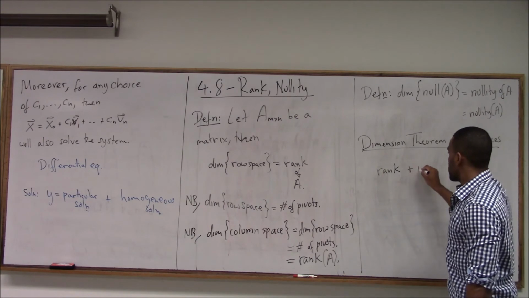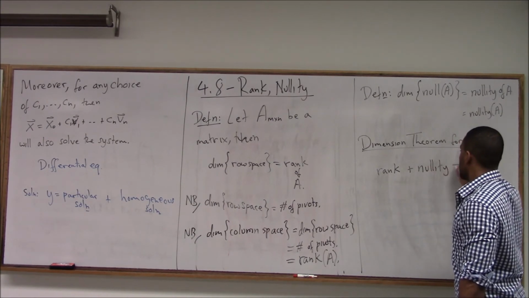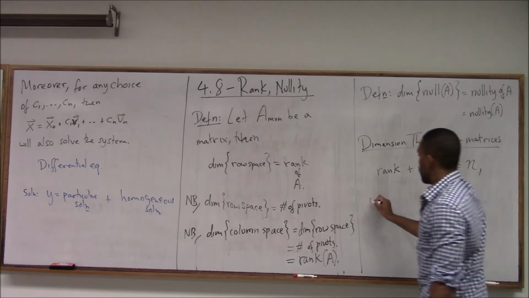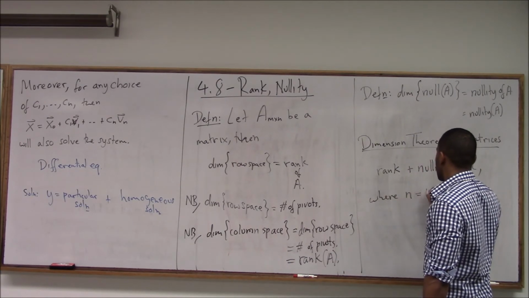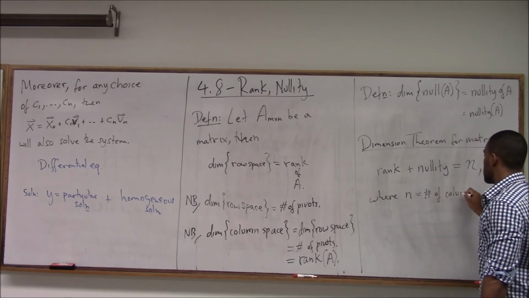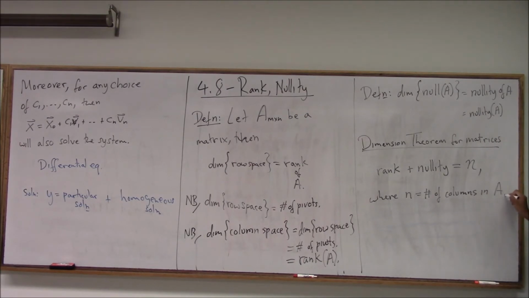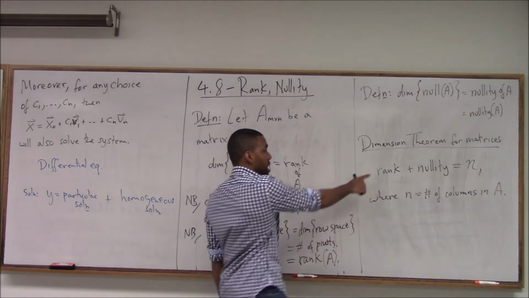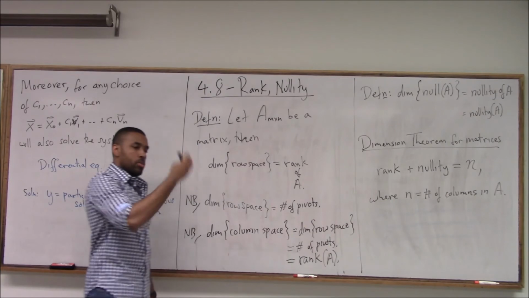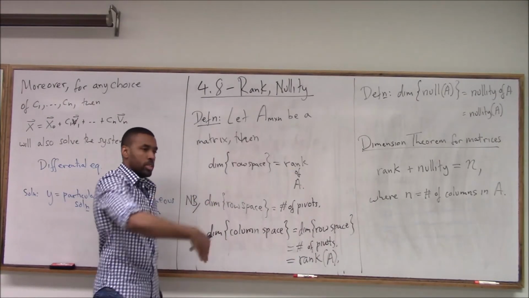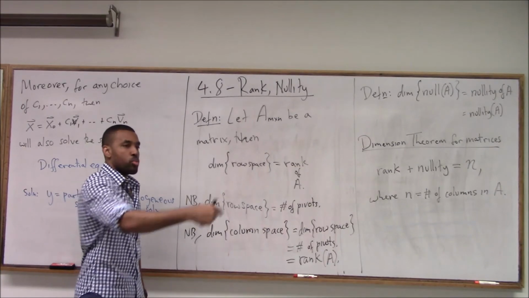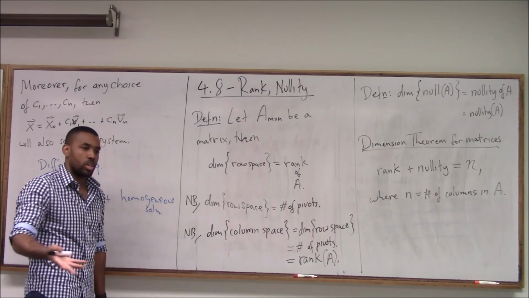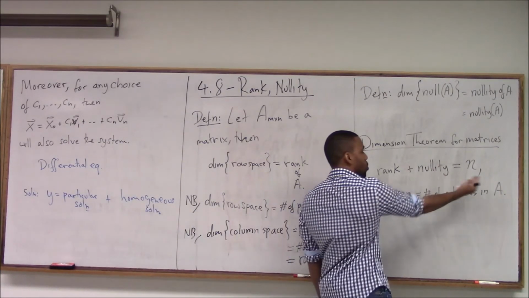The rank plus the nullity is equal to the number of columns, n, where n equals the number of columns in A. That's called the dimension theorem. Notice that the rank is the number of pivots you would have. So if you find all of those, you find all the columns that have pivots. The nullity actually came when you assigned parameters to the other guys. So the number of parameters plus the number of pivots gives you the number of columns in total. So you can always figure out one as opposed to the other.